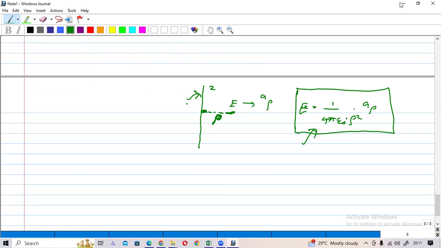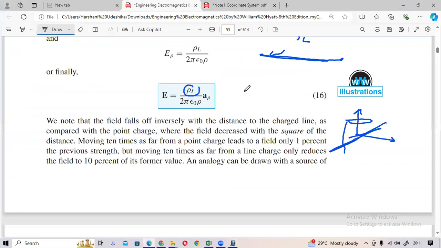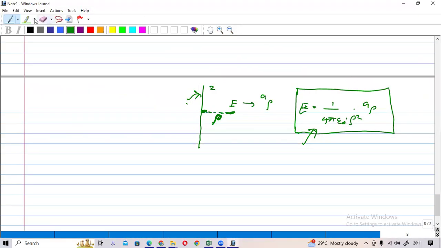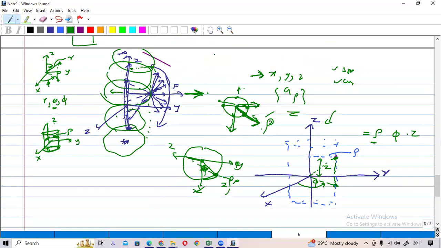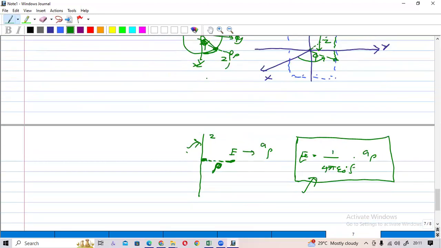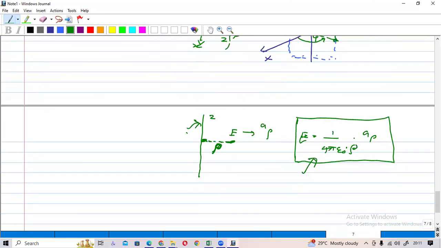Now, here it is rho, no? Not rho, it is rho, sorry. So this will be rho, because as I told you, you need to evaluate the resultant E field. Once you evaluate the E field, this will be rho. And the charge density is also there.